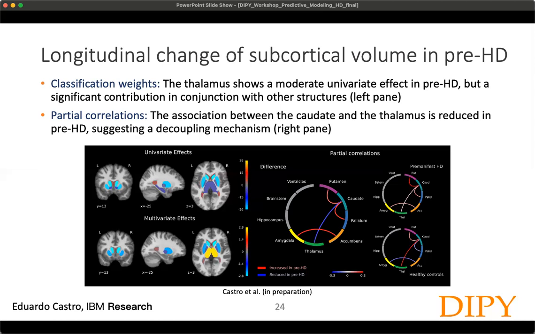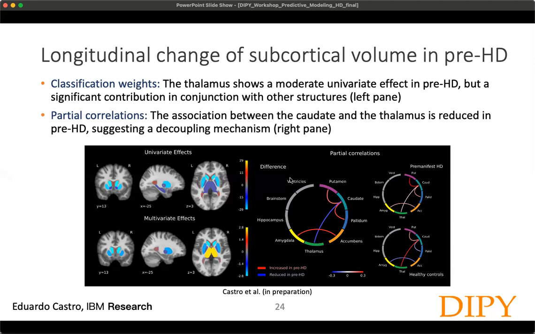And it is here where the partial correlation analysis can tell us which associations are informative for the classification task at hand. What you see over here are the partial correlations between the rate of volume change between regions in healthy controls, and the same in pre-manifest HD here.